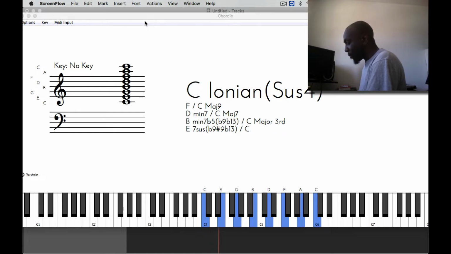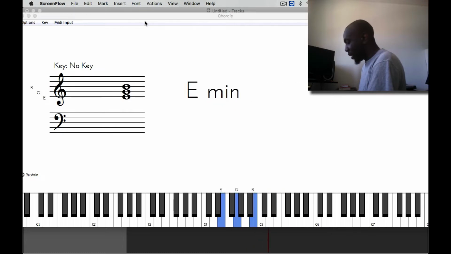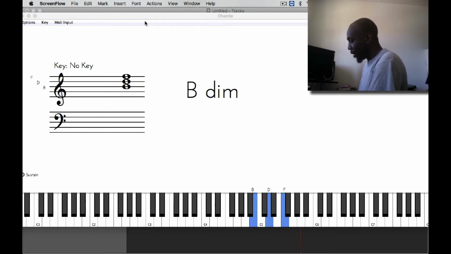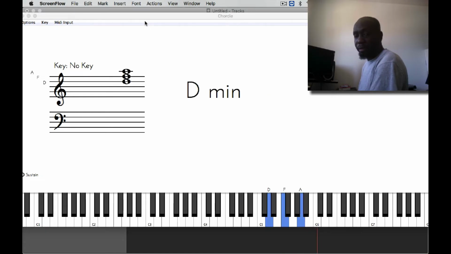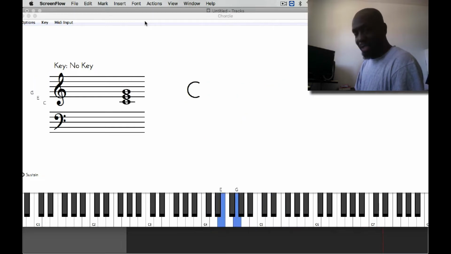You can see C major, you can see E minor, you can see G major, you can see B diminished, you can see D minor, and you can see F major. A simpler way of doing that is just going like this.